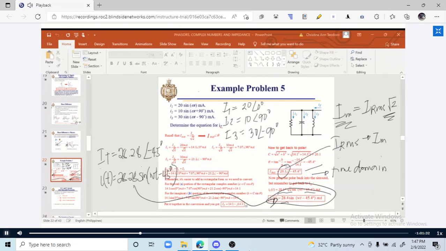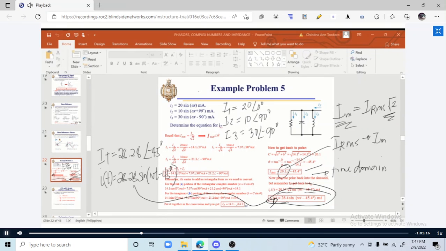Okay, so that we can go back onto the time domain setup, because if the problem is pertaining to the equation, therefore we must come up with the equation. And an equation format is on a time domain format.